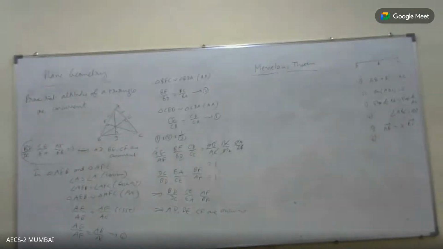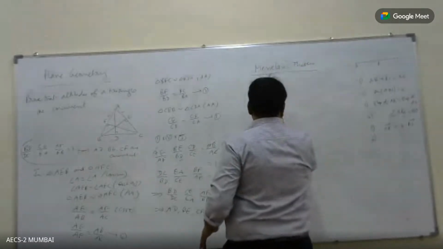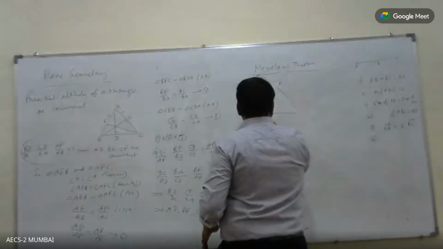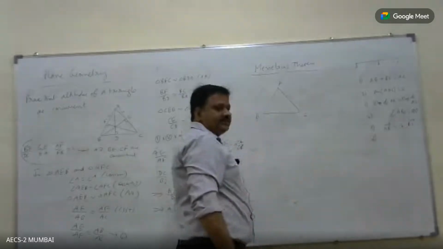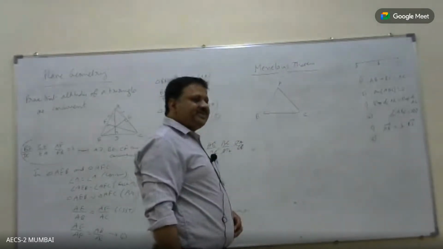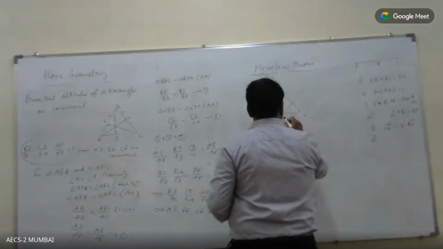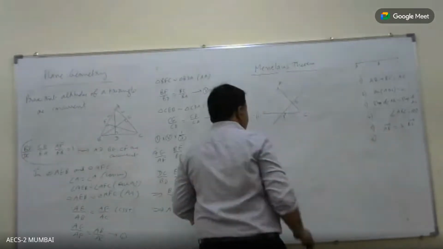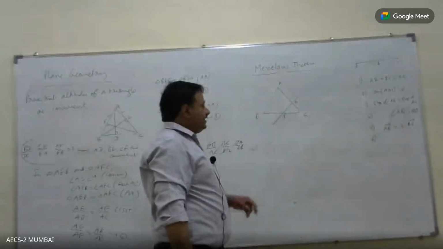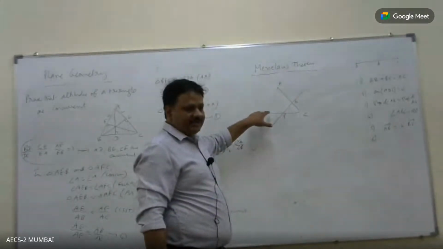So, one of the methods is Menelaus theorem. What is this theorem? Suppose I have a triangle ABC and a transversal cuts the side at P and Q, and it doesn't cut AB internally.